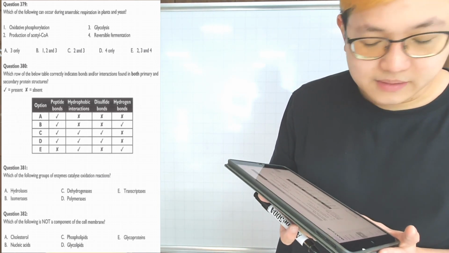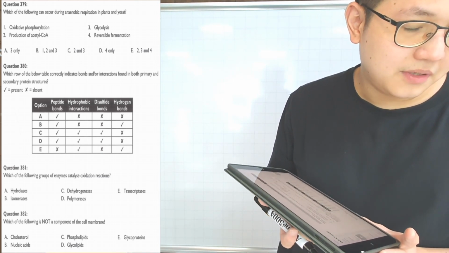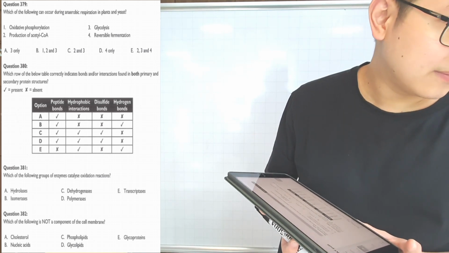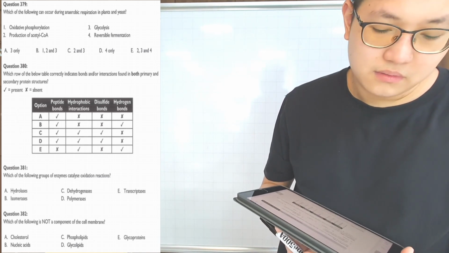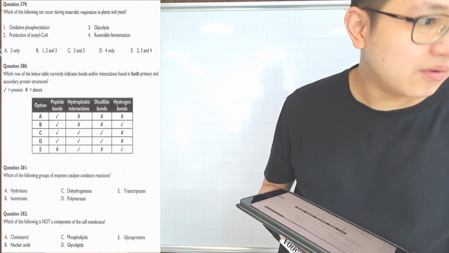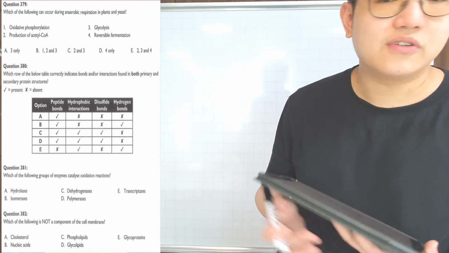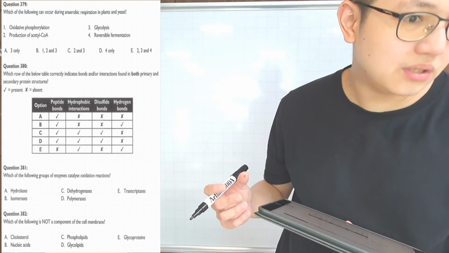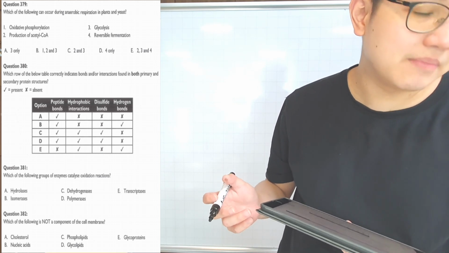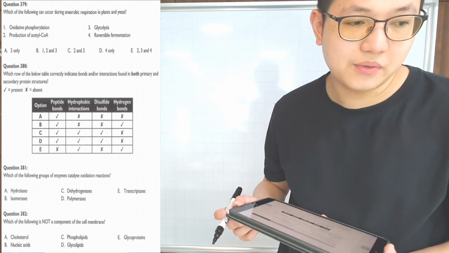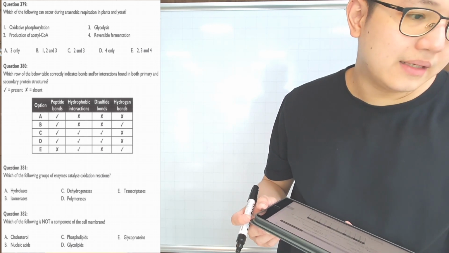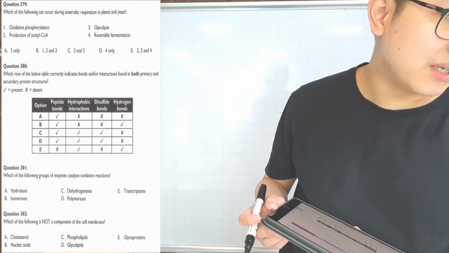A1. Oxidative phosphorylation. You know what oxidative phosphorylation is? Phosphorylation means you attach a PO4 3- group, a phosphate group, and that's under the condition that there is oxygen, right?